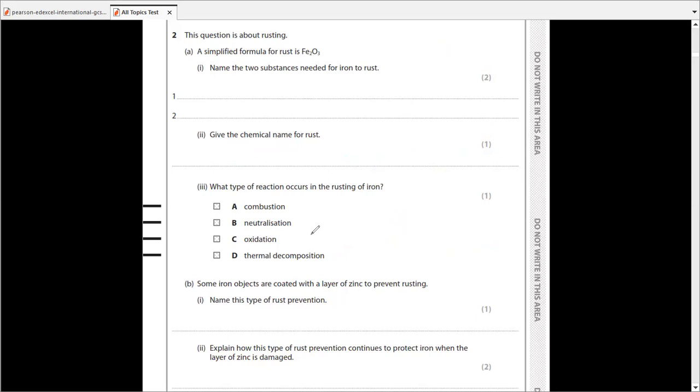But you may also write sacrificial protection, since zinc is more reactive and iron is less reactive. Sacrificing a more reactive metal to save a less reactive one from rusting is what sacrificial protection is about. Both are correct answers, but I ask my students to go with galvanizing first, since galvanizing specifically occurs with zinc.